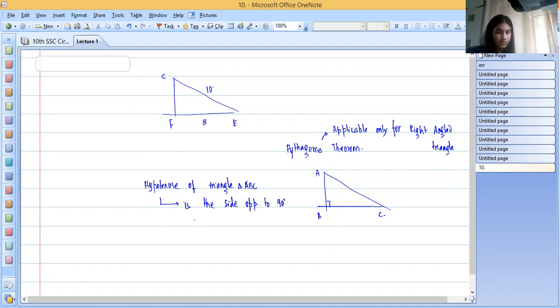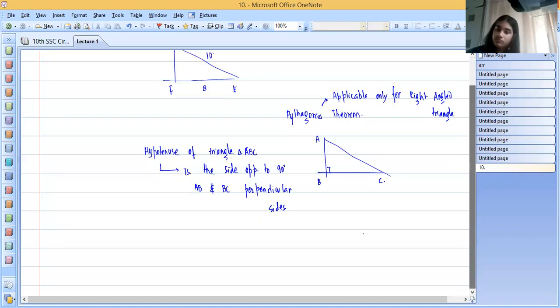And what are AB and BC called? Height and base? No, wrong. Perpendicular sides. And why they are not called height and base, and whoever calls is absolutely wrong, because suppose this triangle would be like this.